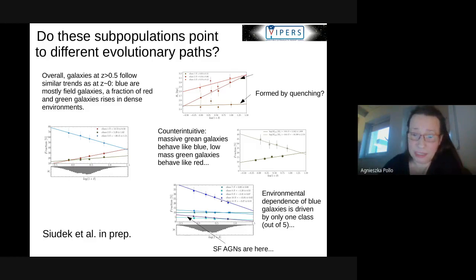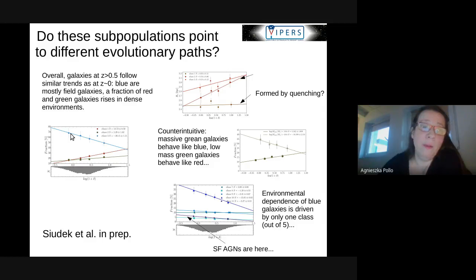And this is work which is very close to being finalized now. We are going to submit it soon. We studied the dependence of these groups we found in the VIPERS data on local environment. And we found that in principle, not surprisingly, at redshift 0.7, 0.8, we see the same trend as in the local universe.